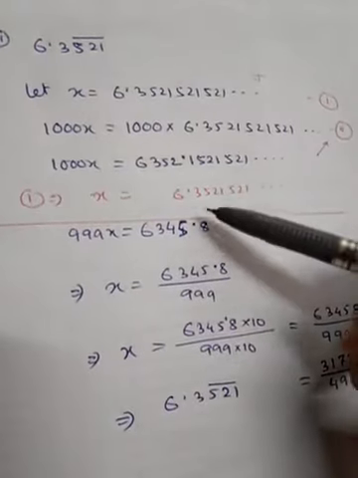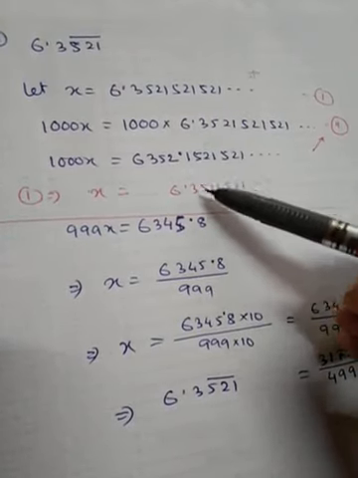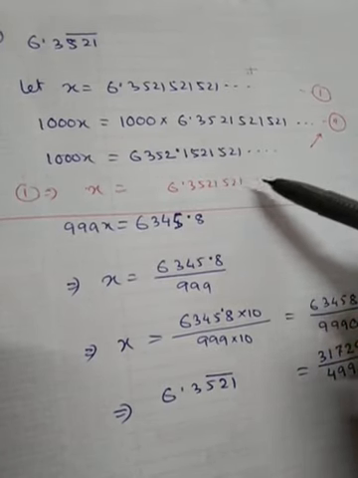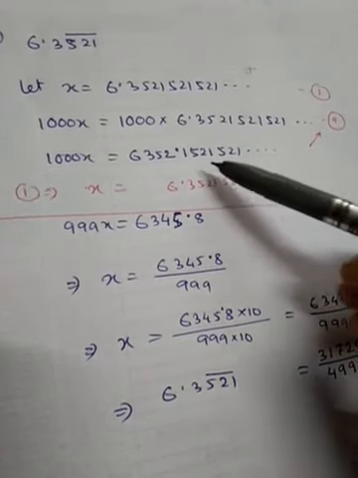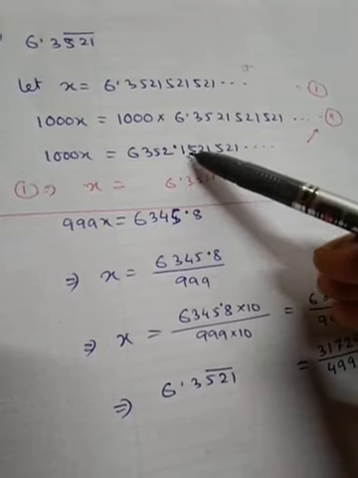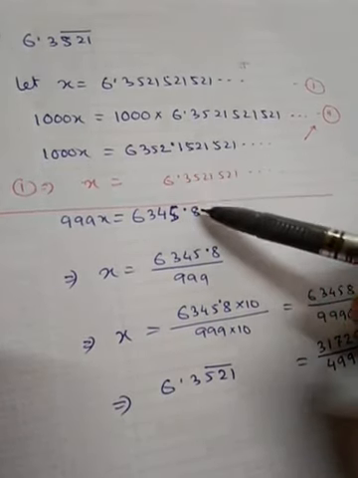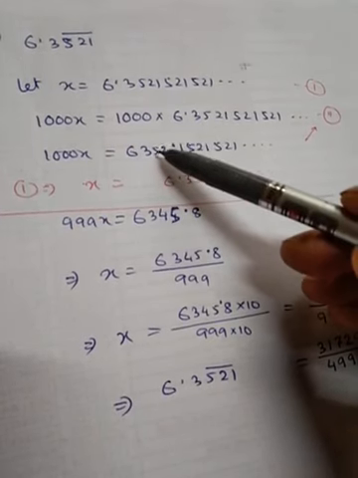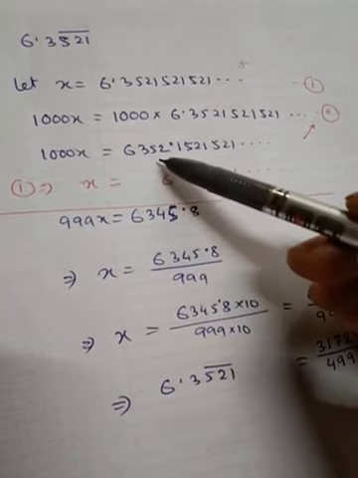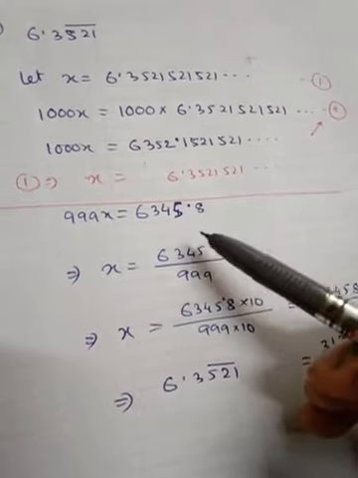Now see here, decimal below decimal, from the second digit they are equal, 521 521, so that will become 0. But after the decimal, this 3 we have to subtract from 1, so we take 1 from here, carry over, 11 minus 3 is 8, and 1 is left here, then again 1 carry, 11 minus 6 is 5, and then 634, so 6345.8.